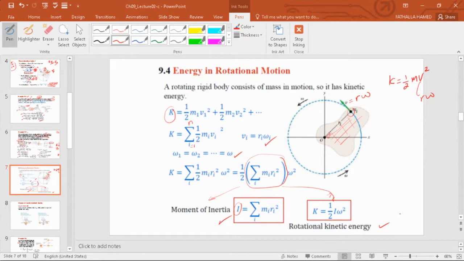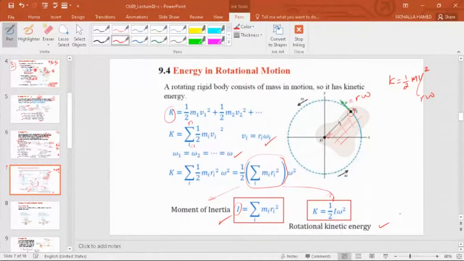So when you have a body that is rotating, you can calculate a moment of inertia for that body. And the kinetic energy of that body is equal to 1/2 I omega squared. And that's how we did it. We started from the linear to get the rotational kinetic energy.